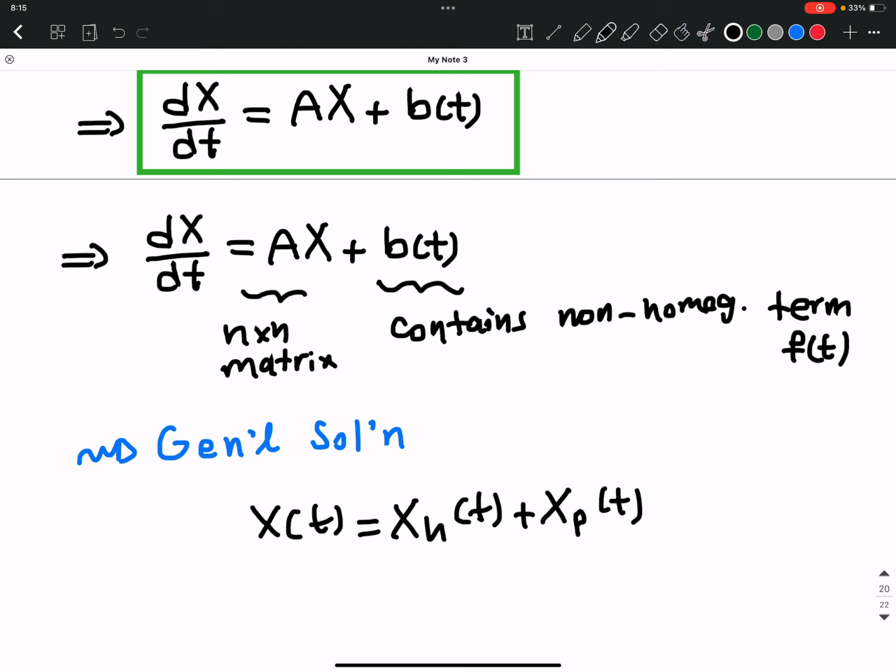So let's find each of these solutions separately. Let's first start with the homogeneous solution.